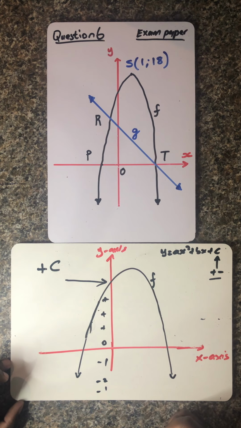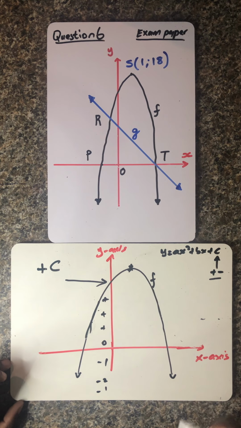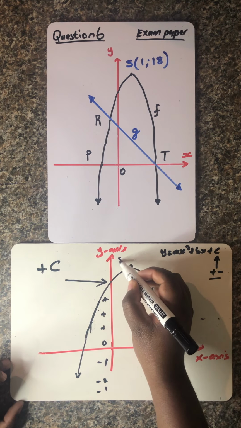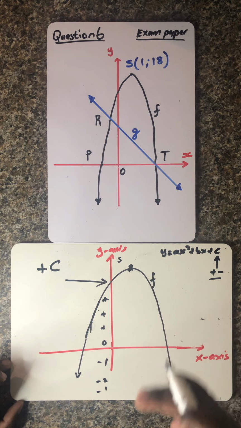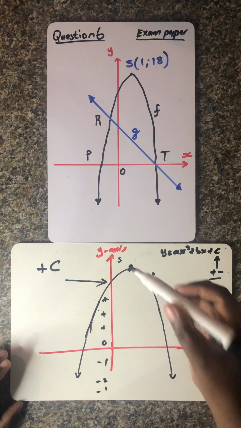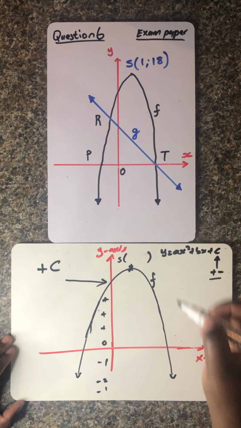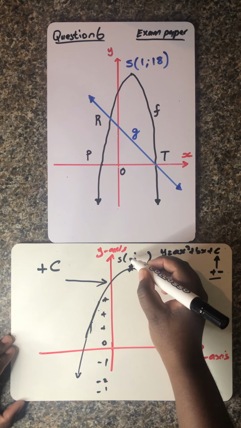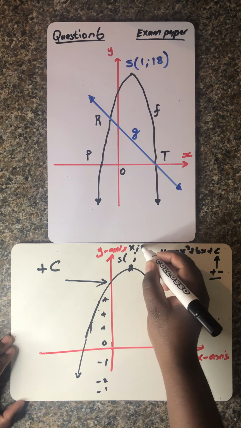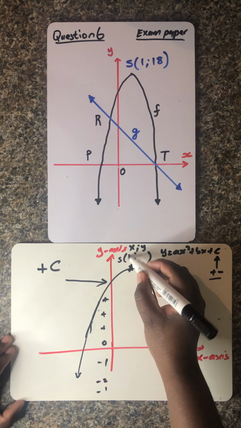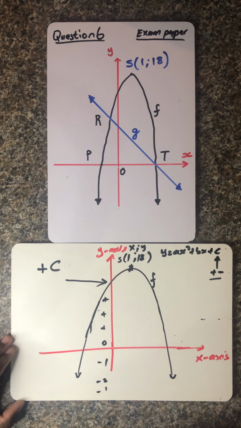Obviously, because they just said that turning point over there is called S. From time to time in the questions, the moment they talk about S, they are talking about the turning point. We know the coordinates start with the x followed by the y, so x is 1 and y is 18.